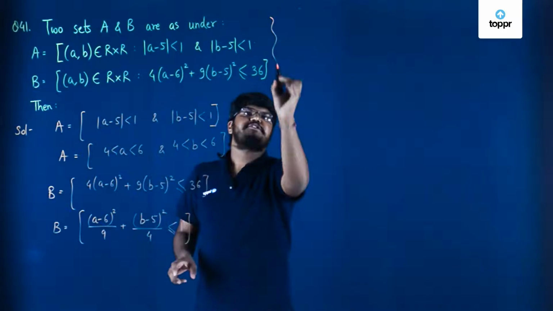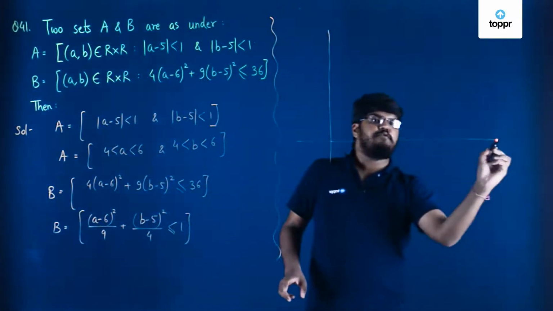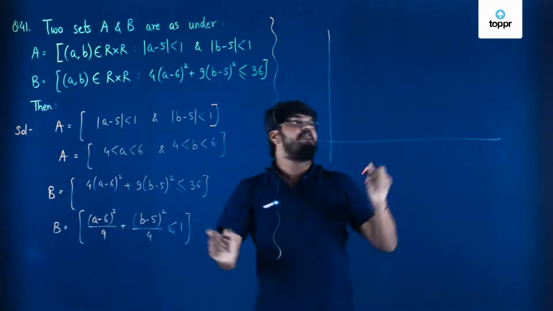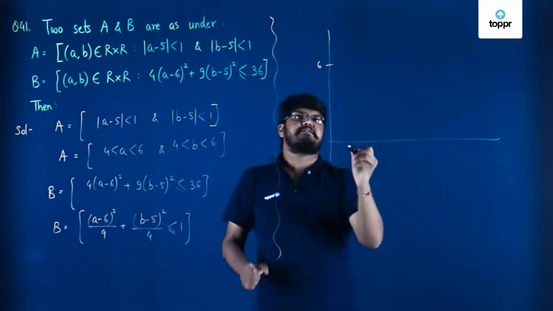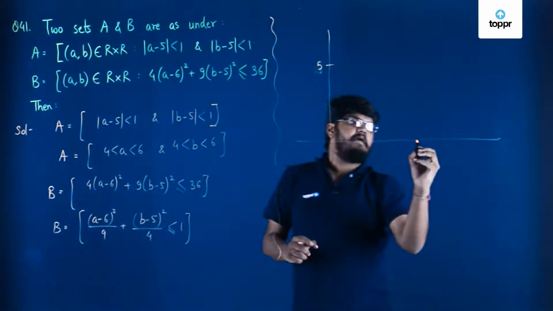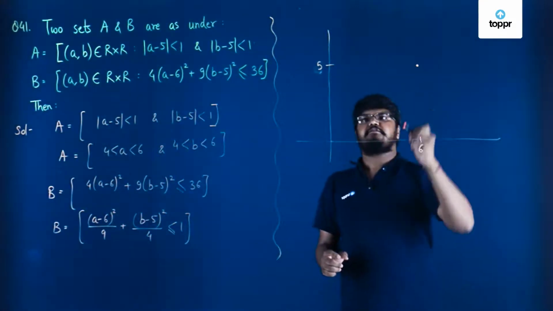If you try to visualize it on a coordinate plane, you can see that this particular ellipse has (6, 5) at the center. So let's say this is 6, this is 5 and this is 6. Let's make the center over here.